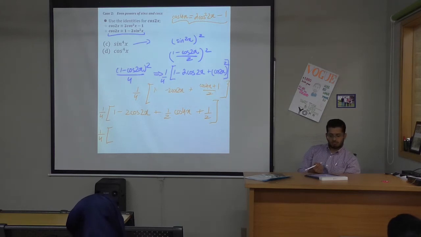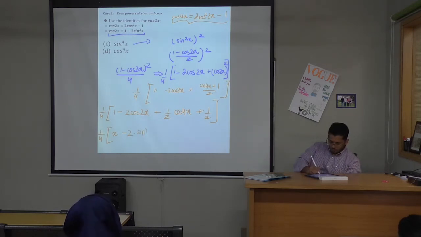One key integration is x. What about cos 2x? It's sin 2x upon 2. What about cos 4x?